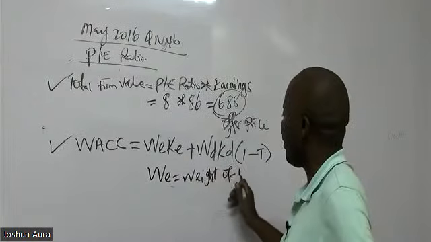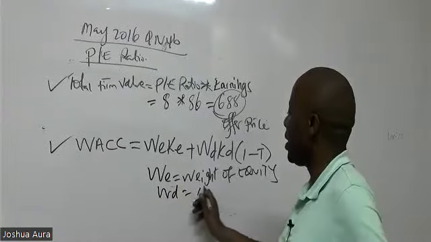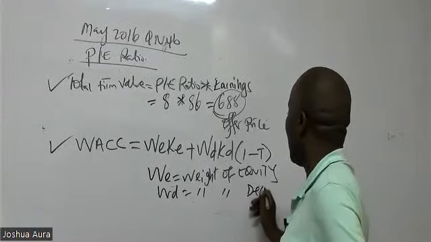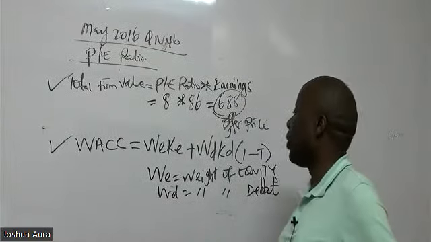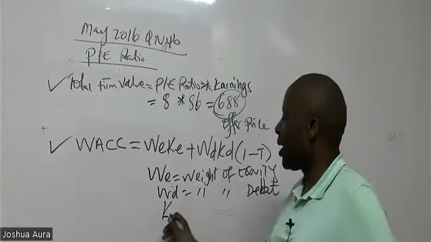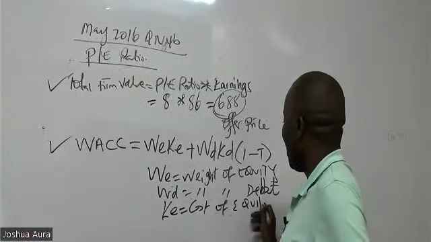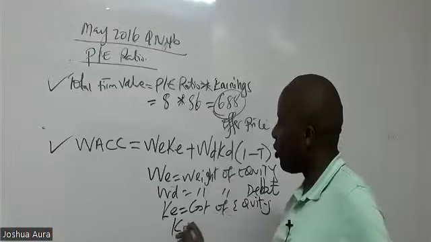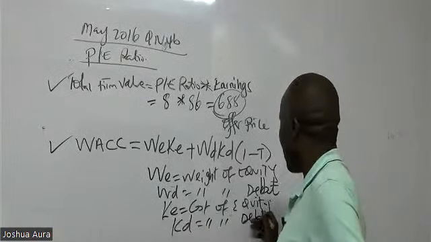WD is the weight of debt. KE is the cost of equity. KD is the cost of debt.